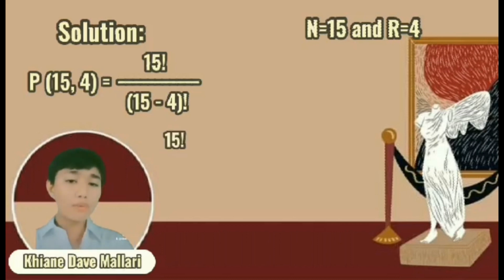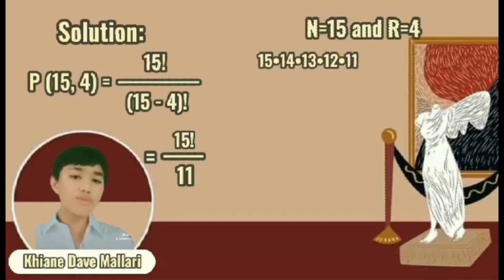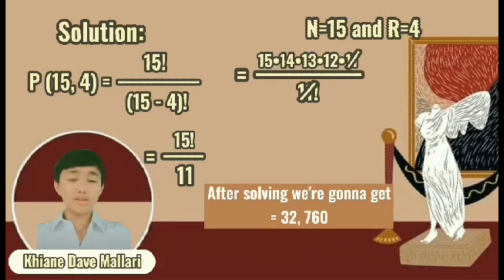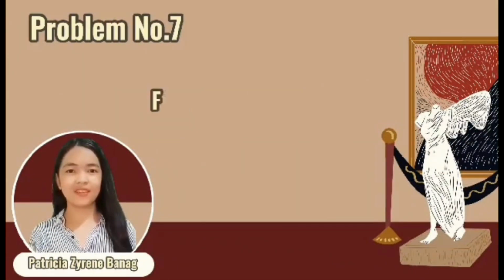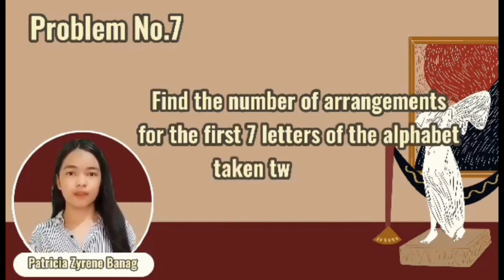Then, we're going to copy 15 factorial over 11 factorial. After that, we're going to expand 15 factorial, which is 15 times 14 times 13 times 12 times 11. After solving, we're going to get 32,760.